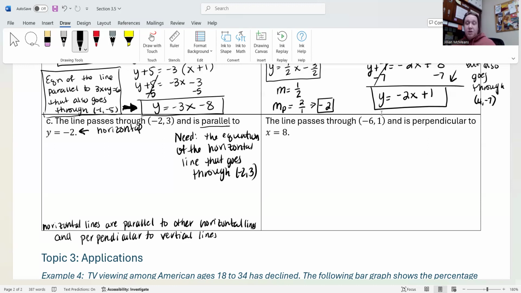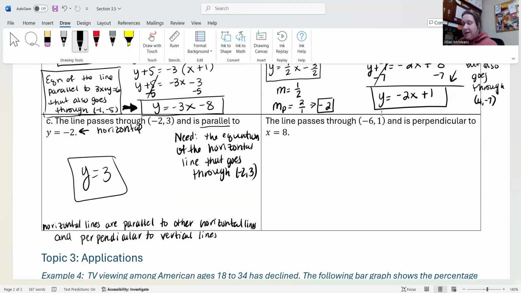Well, in order to be horizontal, you have to be a y equals equation. The y that we have to go through is going to be 3. So we're looking for the equation y equals 3. That's it. You don't have to do any more. You have to have a firm understanding of when things are parallel versus when they're vertical and what that means.